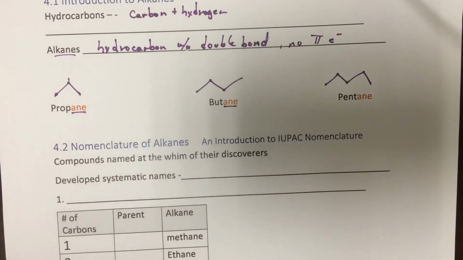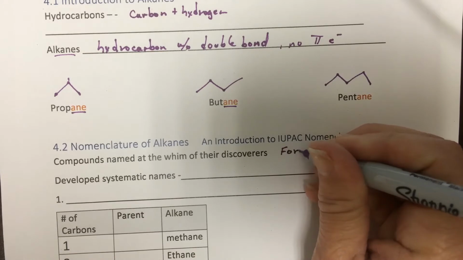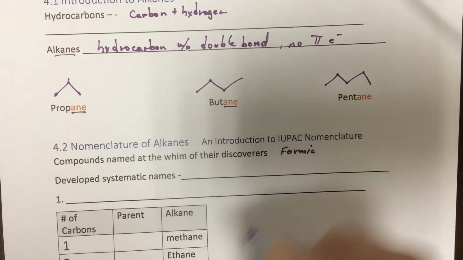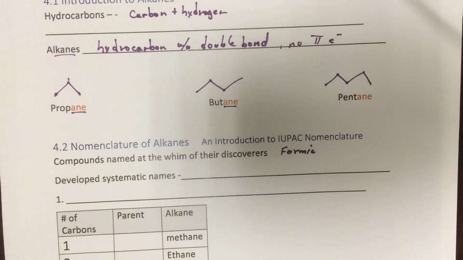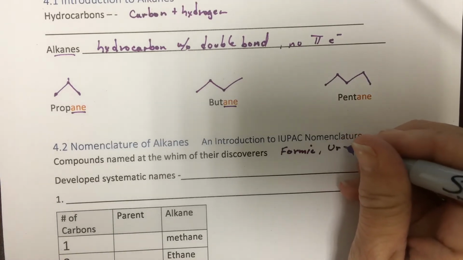Now initially, compounds were named at the whim of their discoverers. So we have formic acid, and formic acid was first discovered or isolated from ants, and so it's named after the Latin word for ants. Urea was originally isolated from urine.